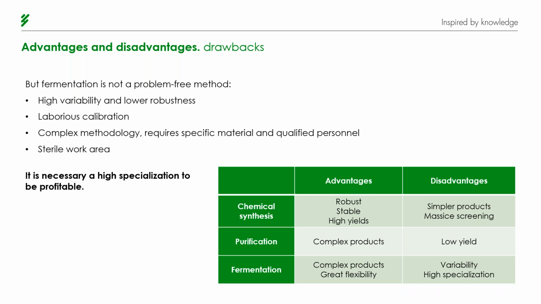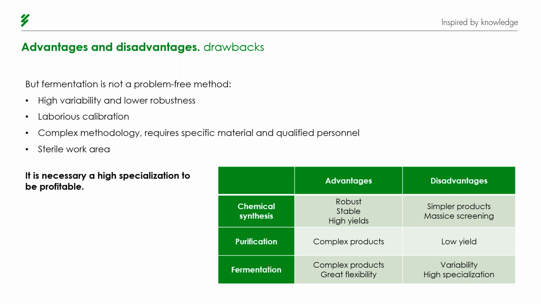In this table, we can see a summary comparing the three exposed methods. The chemical synthesis is the most stable and robust method, and it also shows a high yield, but it only gives the simplest compounds, and it is a limited process and difficult to find new therapeutic molecules.